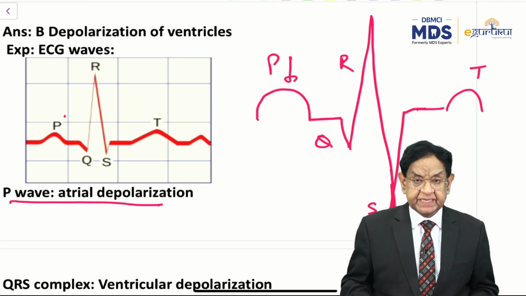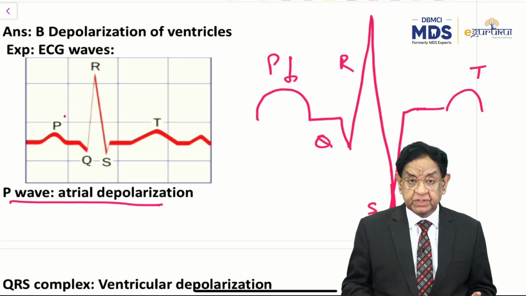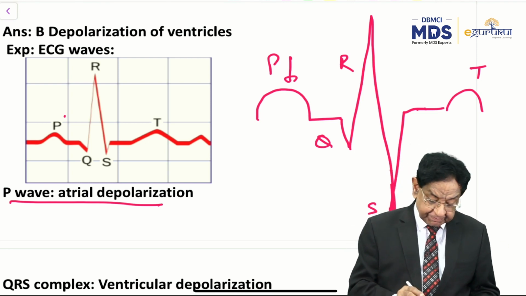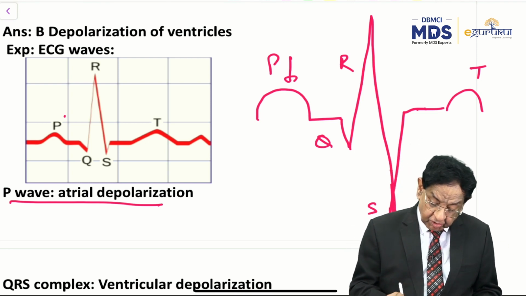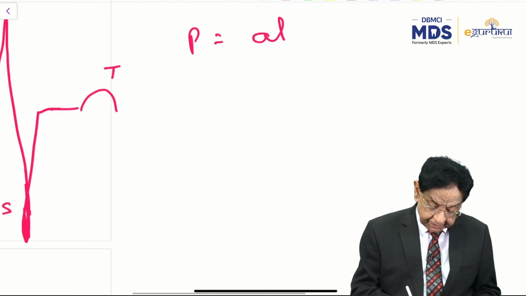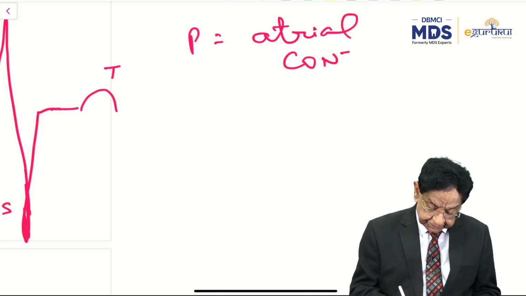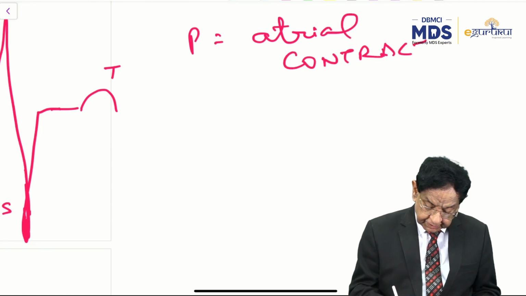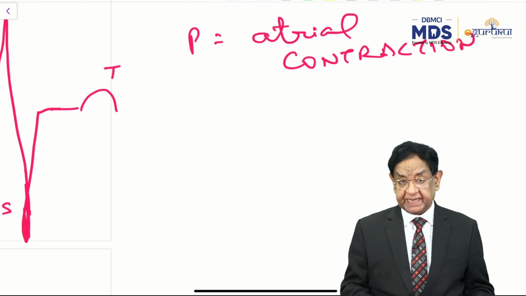We say electrical wave depolarization. But mechanically, it is the place where atrial contraction occurs. P is atrial contraction. That is mechanical.